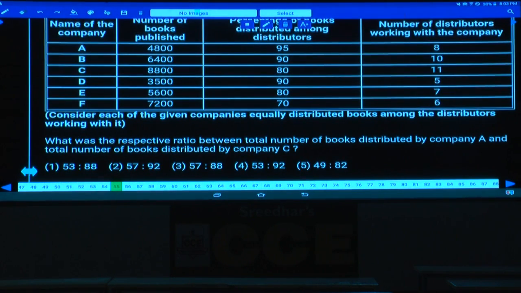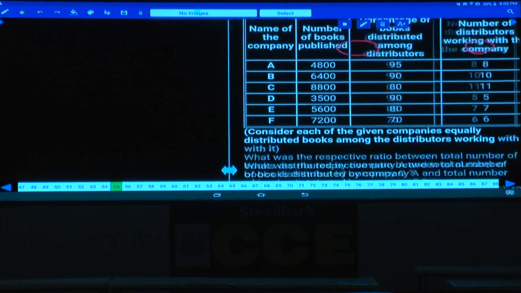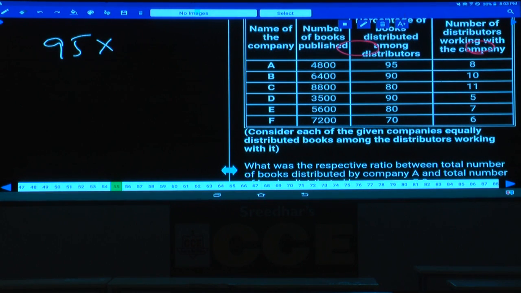Next. What was the respective ratio between the total number of books distributed by company A and the number of books distributed by company C? This is about the number of books distributed by company A. Now A has 95% of 4,800. 1% is 48. 95% in the sense 95 into 48.